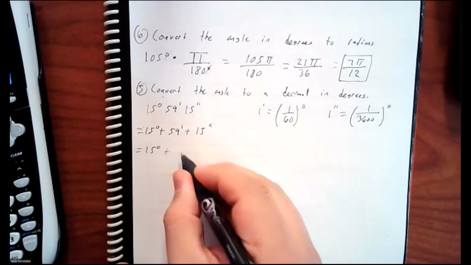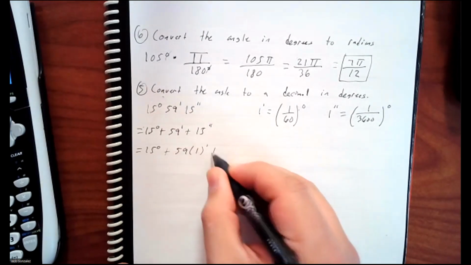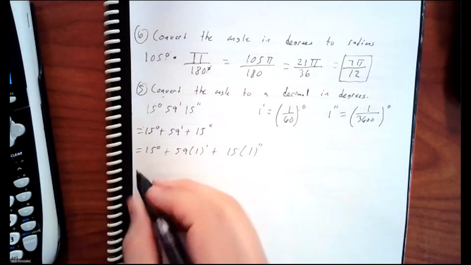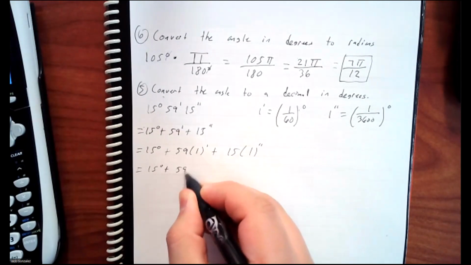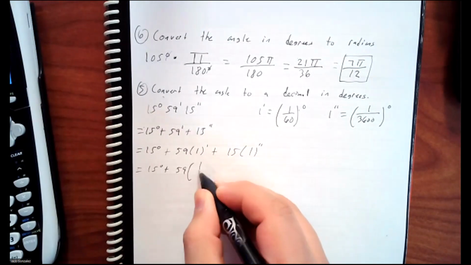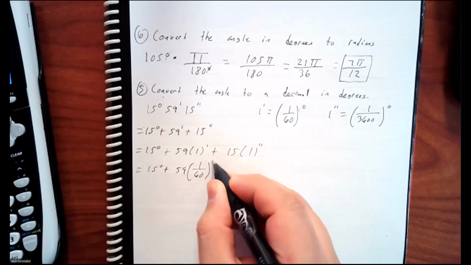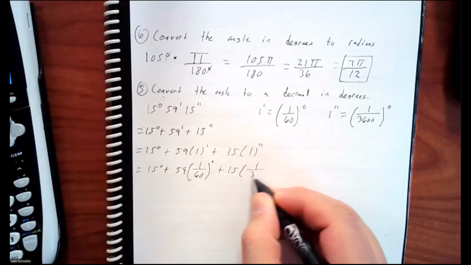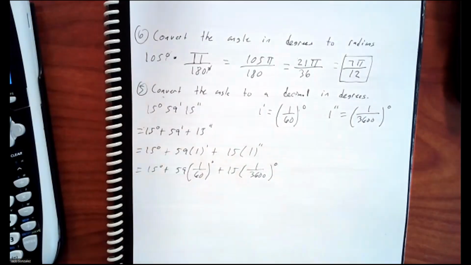So this is the same as 59 times 1 minute plus 15 times 1 second. So plug in the formula. 59 times 1/60 degrees plus 15 times 1/3600 degrees.